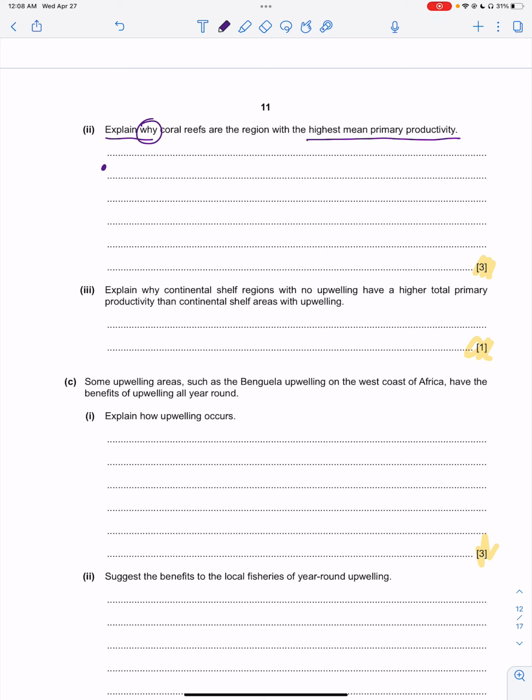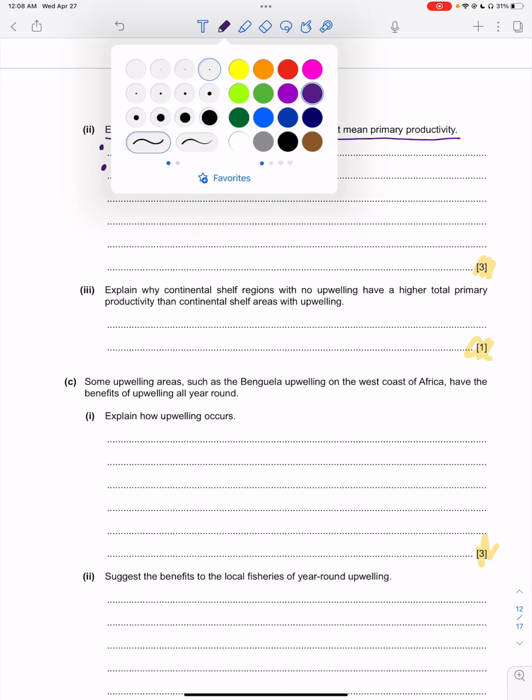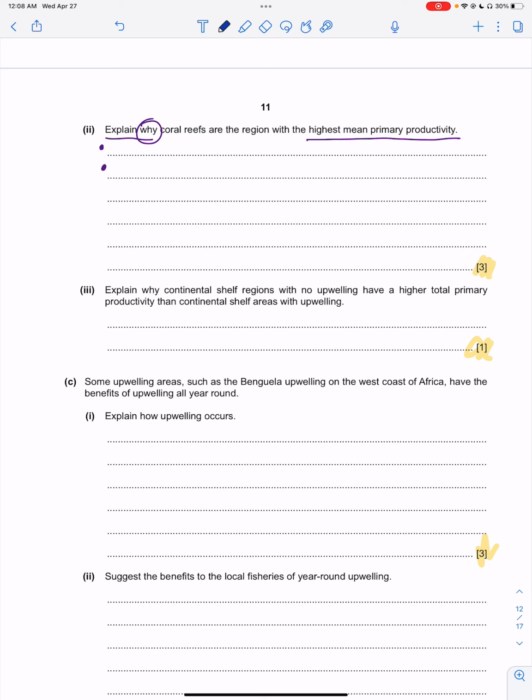Okay, so this is mainly going to be because it's a wonderful place. And don't write that. But in terms of what makes it a wonderful place, we're going to talk about the high light intensity, and that's going to be great for photosynthetic organisms. Something I've already touched on with the notes I posted on Google Classroom.